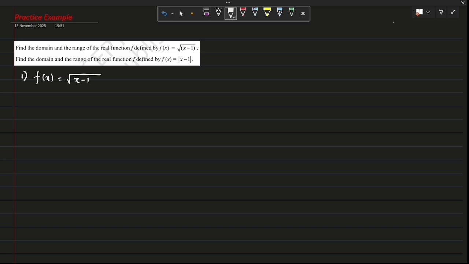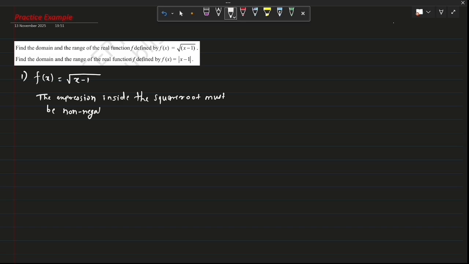So the expression inside the square root, for the domain, must be non-negative.